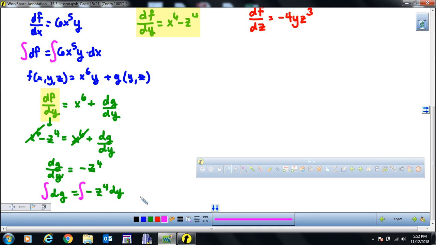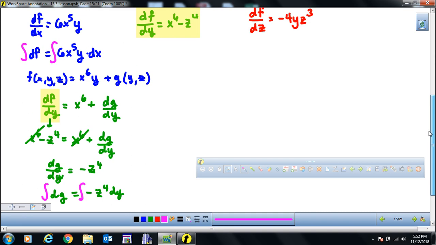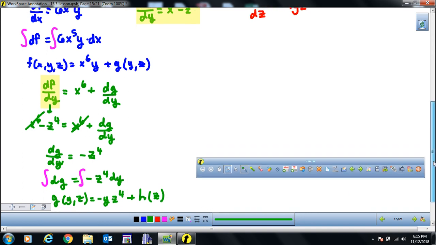So I'm going to integrate this with respect to y, and the integration is going to give us g of y, z equals, with respect to y, negative yz to the 4th power plus possibly some function h with respect to z, or maybe a constant.